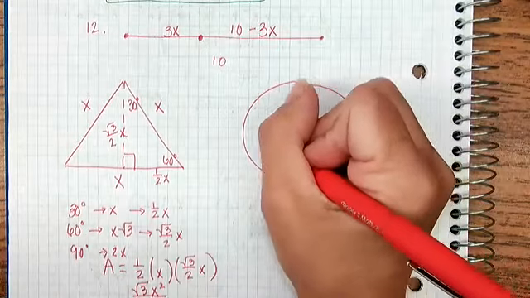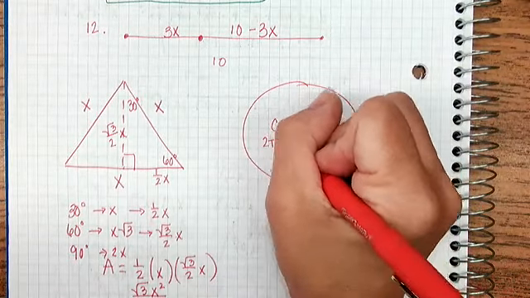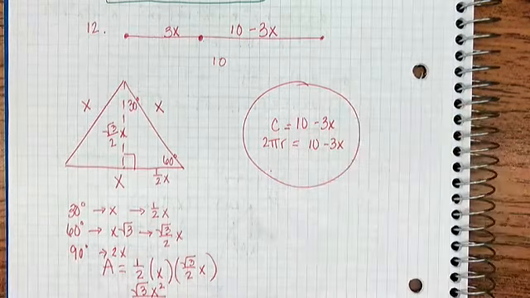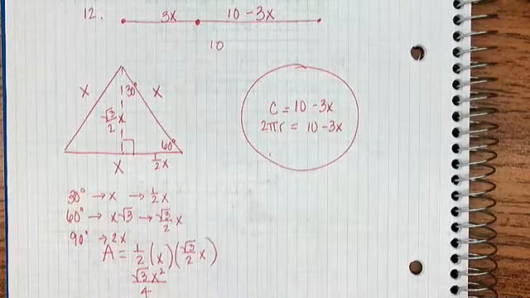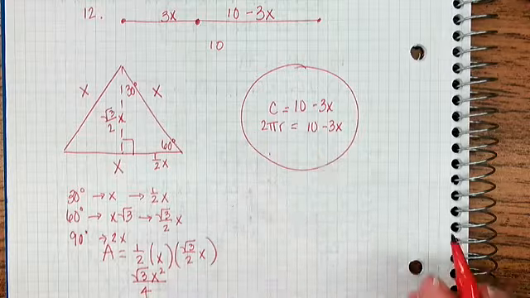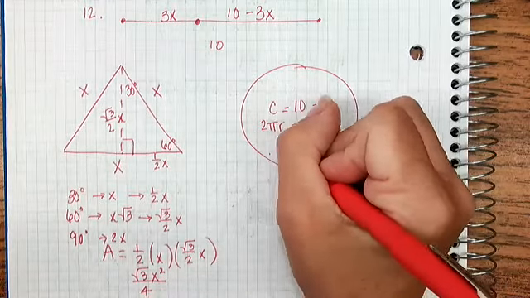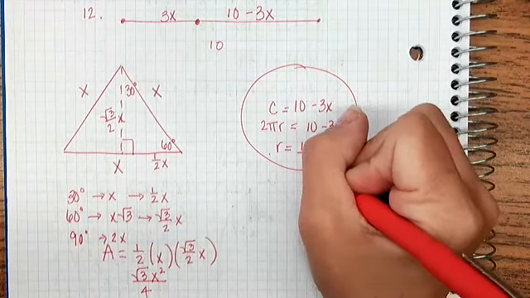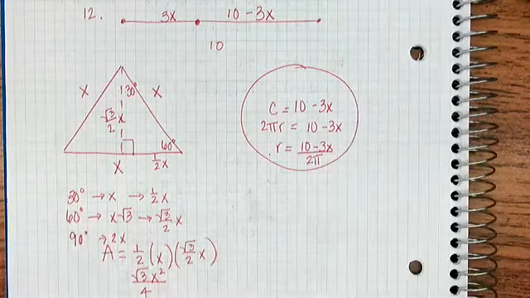Therefore, circumference is 2 pi r. And to find the area of a circle, I need the radius. So I'm going to divide both sides by 2 pi. There's the radius.